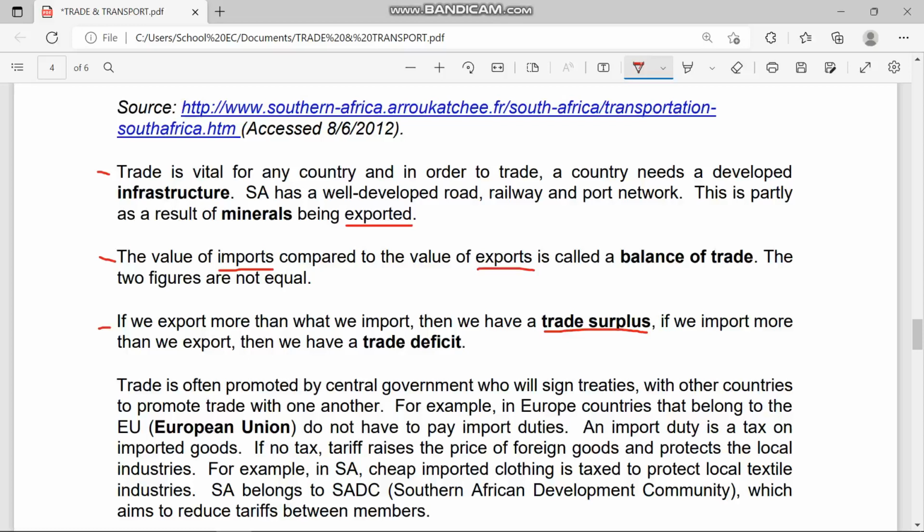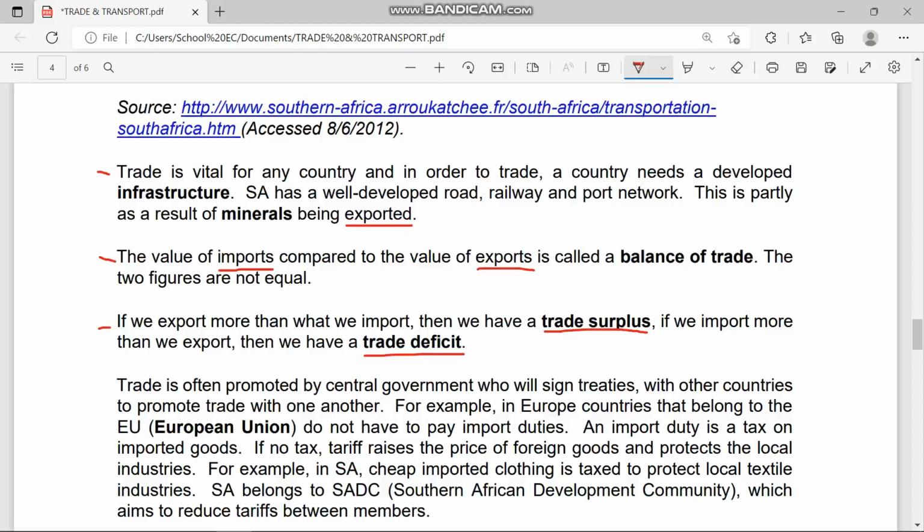That's a trade surplus. If we import more than we export, then we have a trade deficit, which is a negative balance of trade. This is by taking more goods and services from other countries than exporting them.